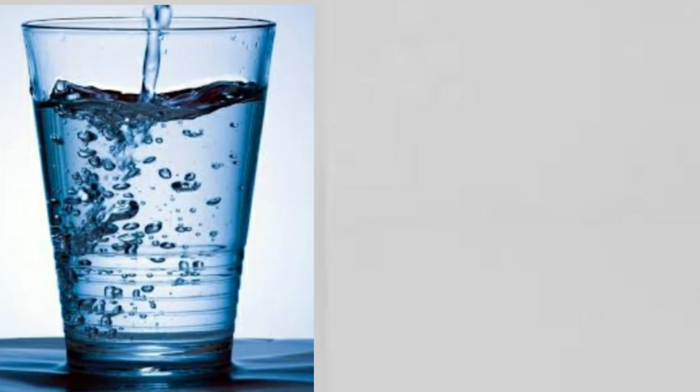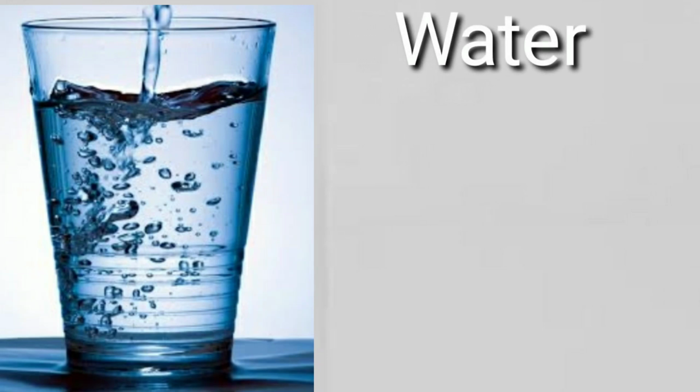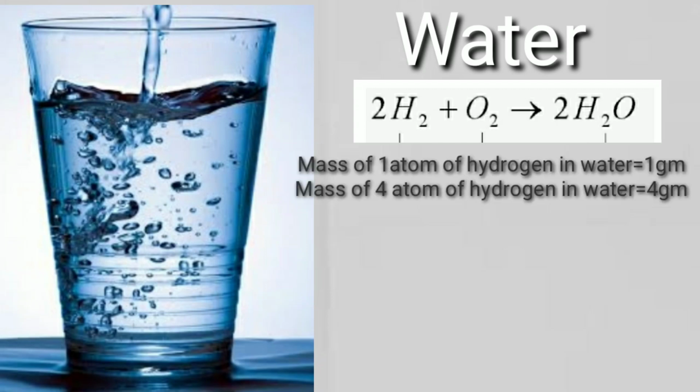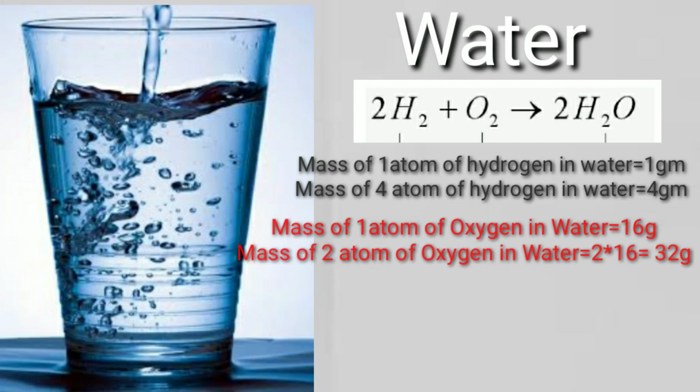Now let us take the most common one, that is water. How is water formed? When two atoms of hydrogen combine with oxygen, they form water. As you can see on the screen, the mass of one atom of hydrogen in water is 1 gram, and since here the mass of 4 atoms of hydrogen is 4 grams in this case.